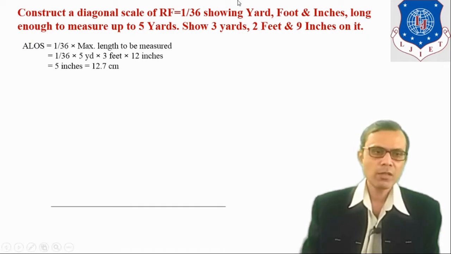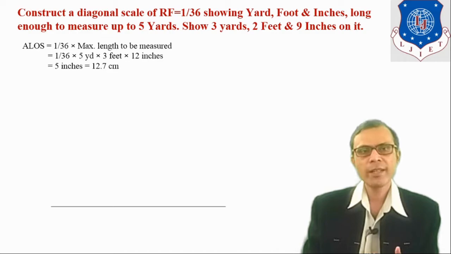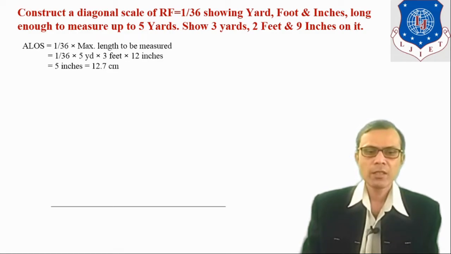That's why we have taken here initially the actual length of scale equal to 5 inches. So if we want to divide 5 yards into 5 equal parts, then the dimension for one part is equal to 1 inch. So it becomes convenient and easy to divide it into 5 equal parts.